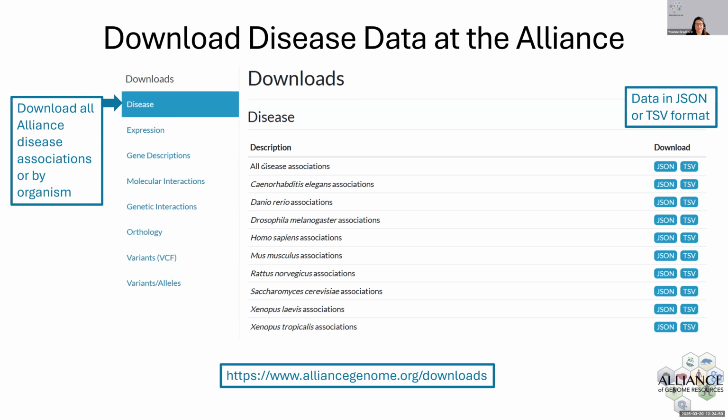You'll see a list here of various files that we can download. All disease annotations is this first line here, and if you were interested in a particular species' disease annotations, you can select one of those files as well. Files are provided in JSON and TSV format.